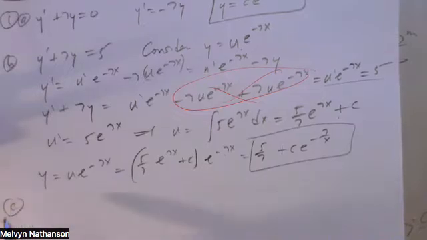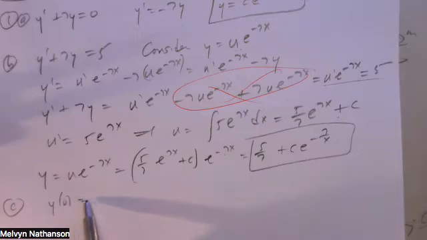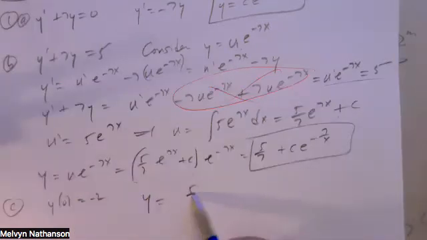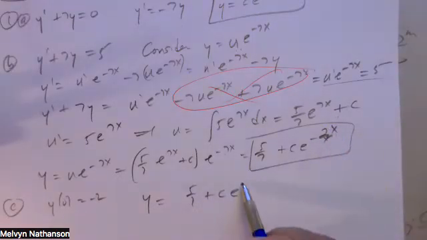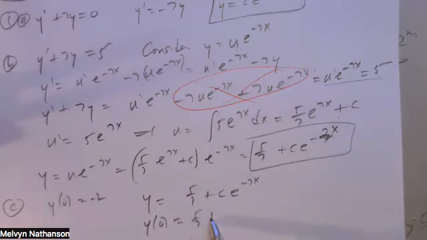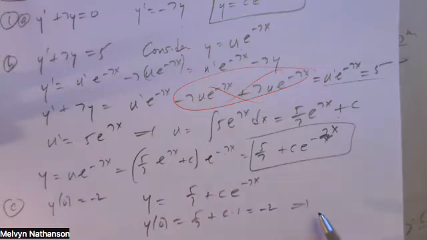And finally, we have the initial value problem associated with this. Find the solution of the differential equation that satisfies the initial condition y of 0 is minus 2. So if y is 5/7 plus c e to the minus 7x, y of 0 is 5/7 plus c times 1, because when x is 0, this is 1, equals minus 2.